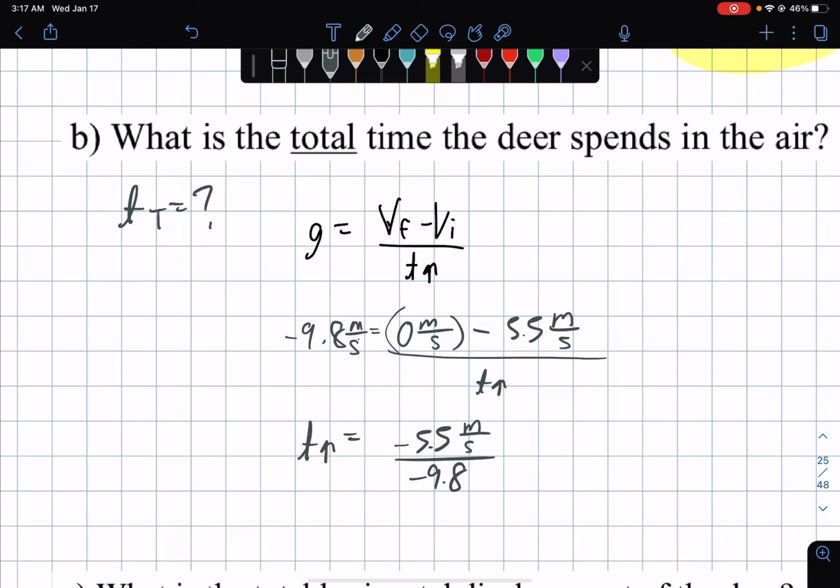Why do we keep forgetting writing the units? So we have 0.56122 seconds.